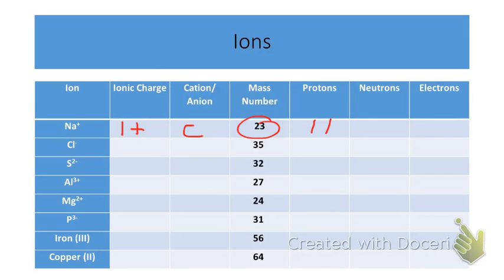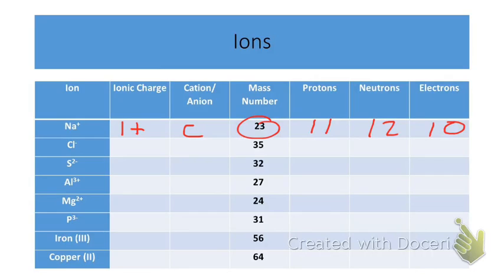So 23 minus 11 should be 12 neutrons. Because it's lost an electron, remember, in neutral atoms, they should have the same number of electrons and protons. But because this is a charged atom, we no longer have that. Therefore, we have one less electron than protons, and so there should only be 10 electrons for our sodium ion.